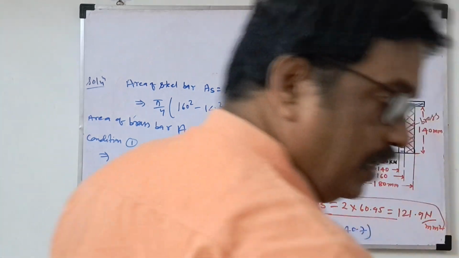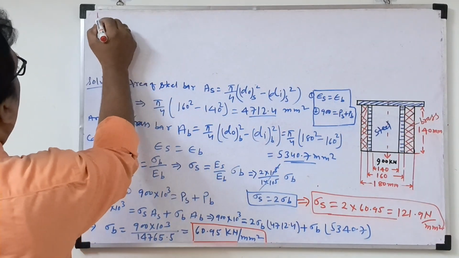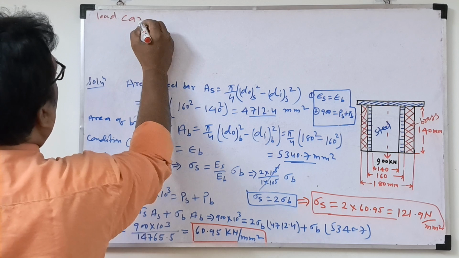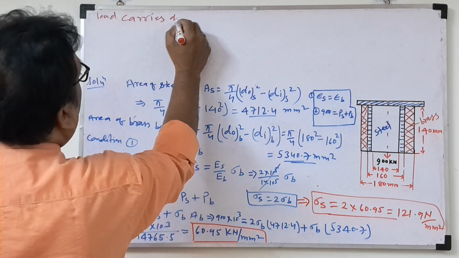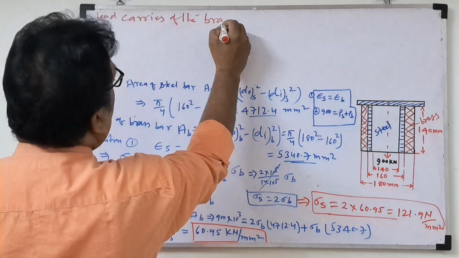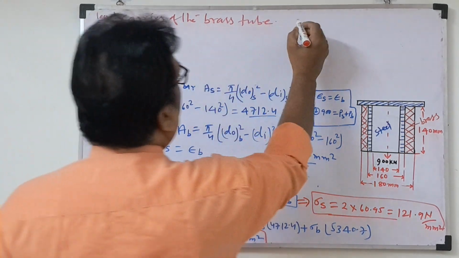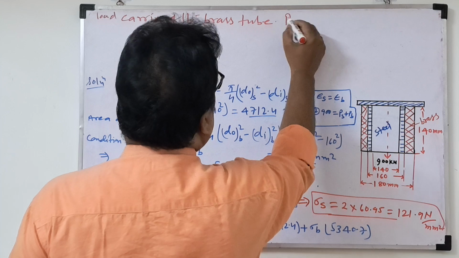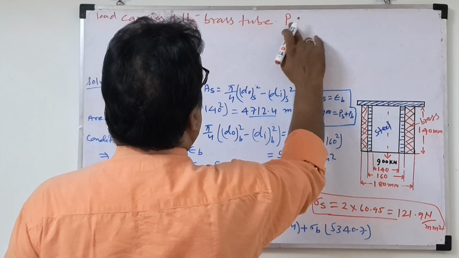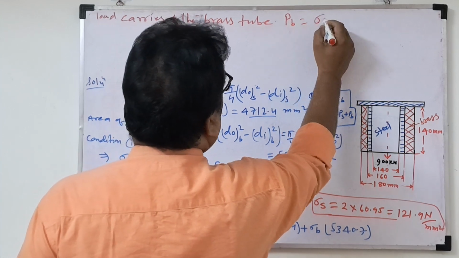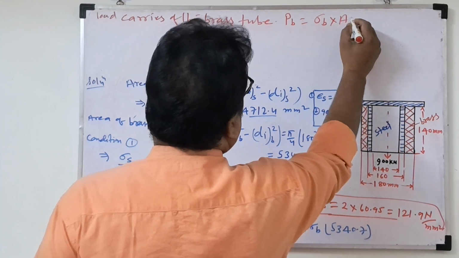Load carried by the brass tube: what will be the formula? P_B equals sigma B into A_B.